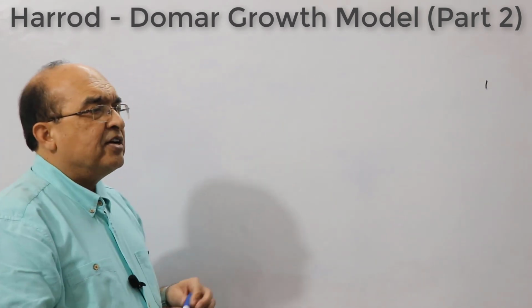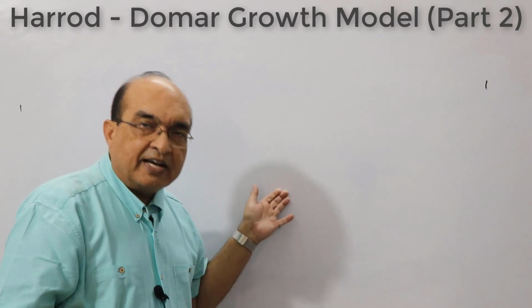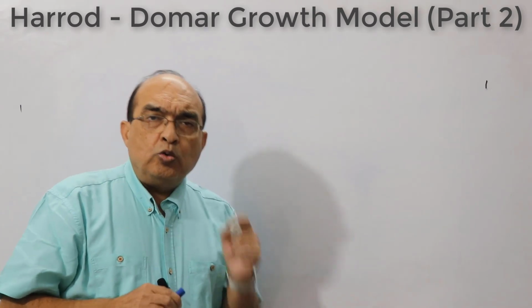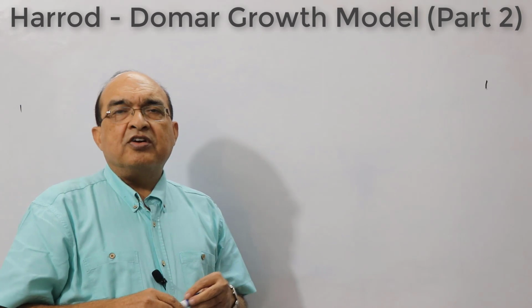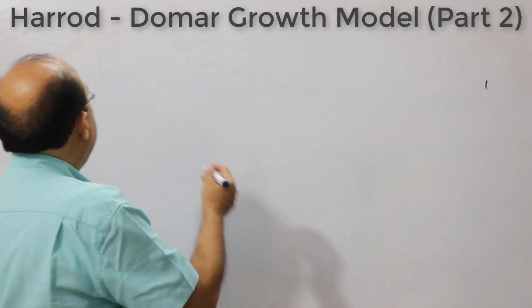In this context, I have also mentioned, but it is pertinent to mention again in the context of Domar, that of the two roles that investment performs in the economy, Keynes had emphasized only one, because his was the short-run model. What are these two roles?